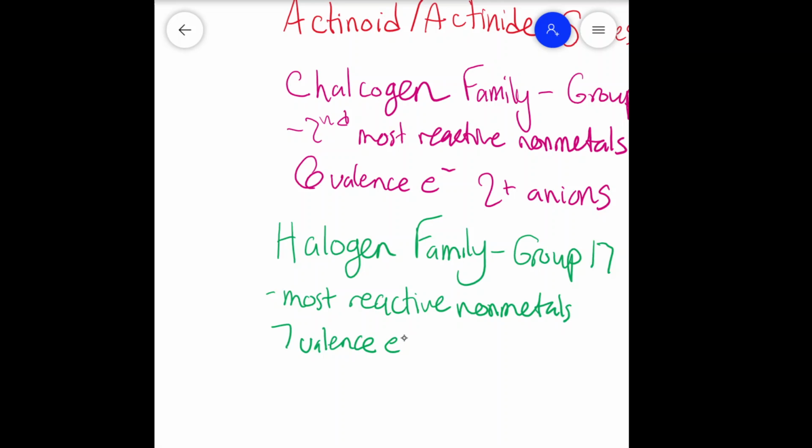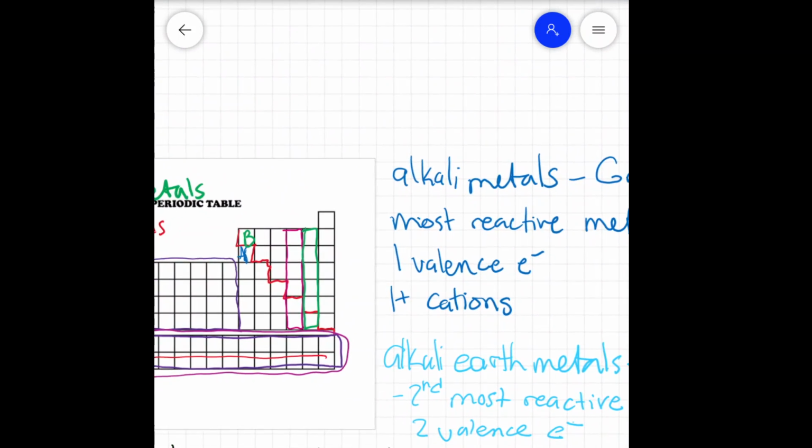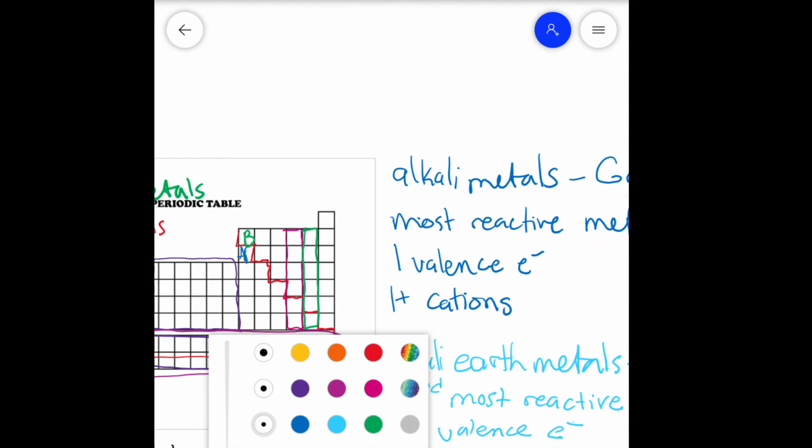So like we've been stating before, they're pretty close, so they're going to form 1- anions to get to that 8 to get their full shell.